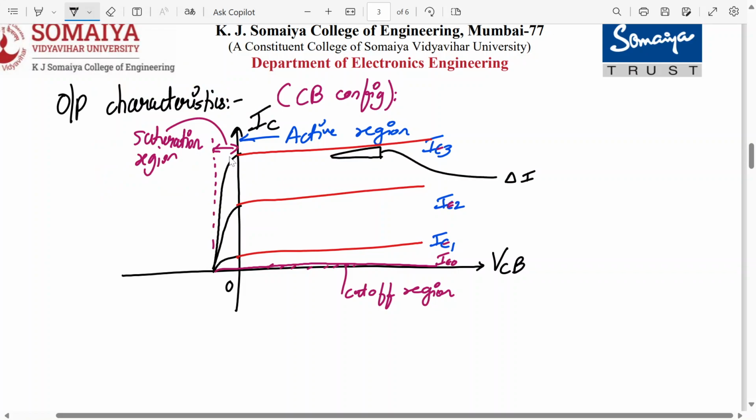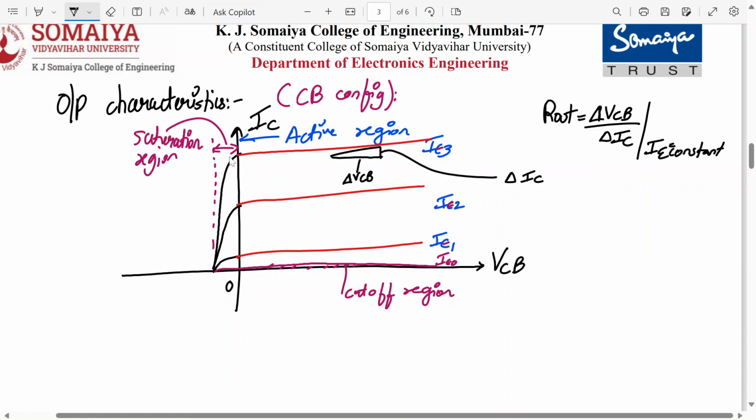Delta IC upon delta VCB. So it will give me output resistance of the BJT, which will be delta VCB upon delta IC at a constant input current. IE is constant.